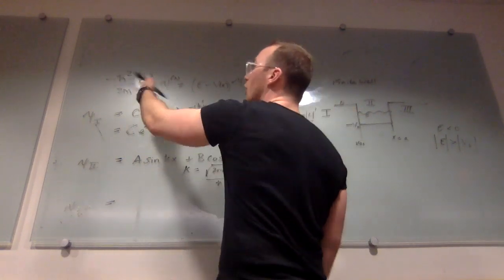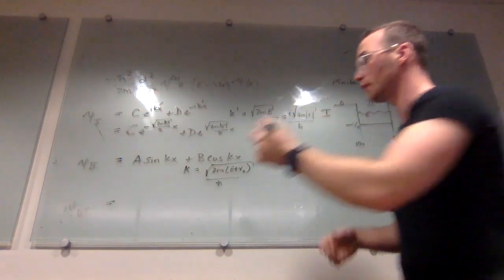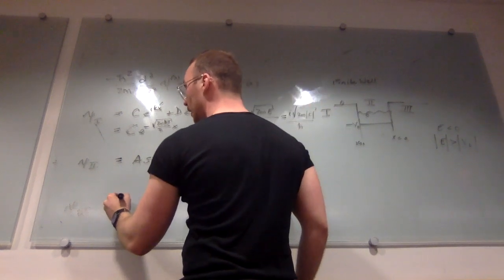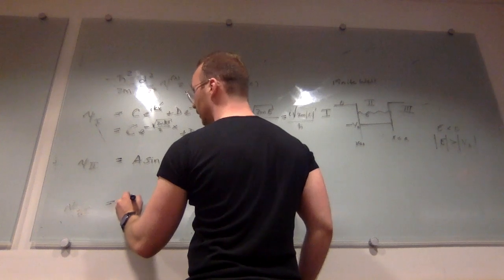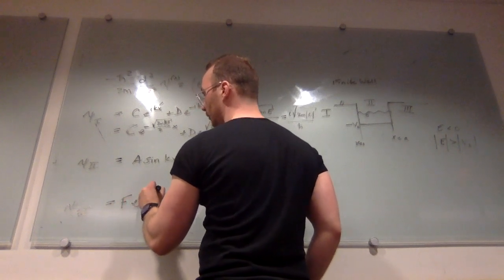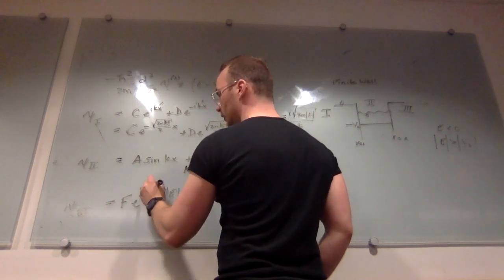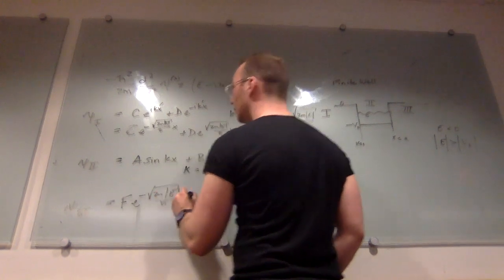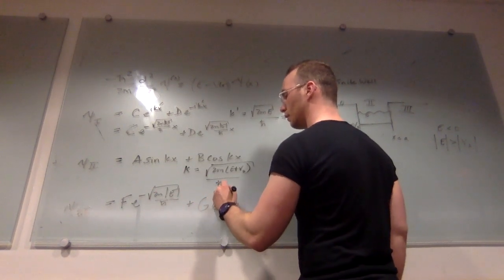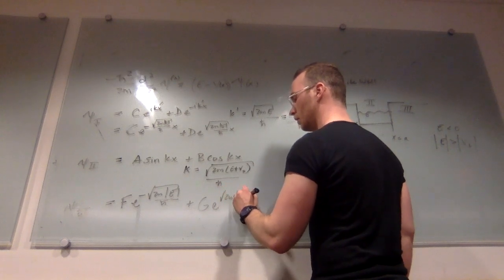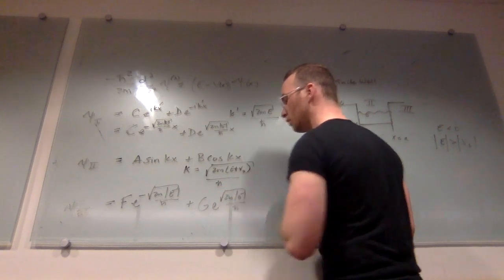Any value of these solves this because they cancel. So we're going to have to use E and F. I don't want to use E because E is energy, so I'll say F e to the minus radical 2m E over h bar plus G e to the plus radical 2m E over h bar. Okay?